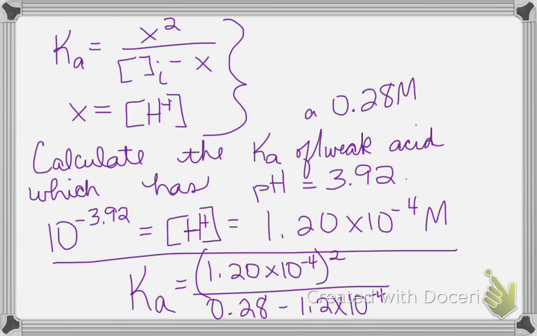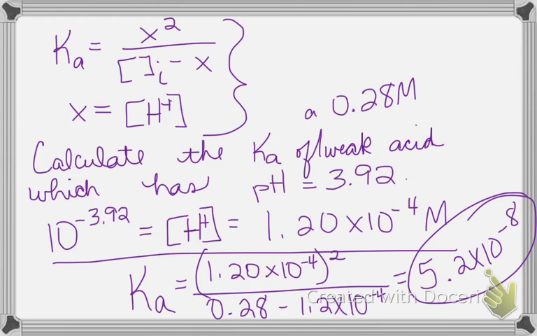Since I know what X is, I can include it in that equation. And when I calculate that, I get 5.2 times 10 to the minus 8.